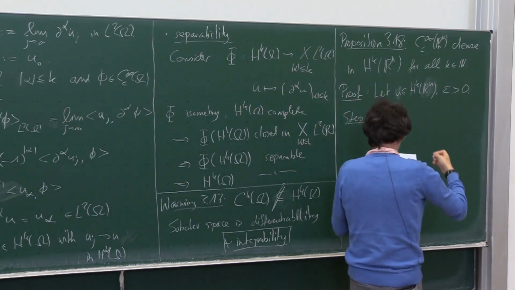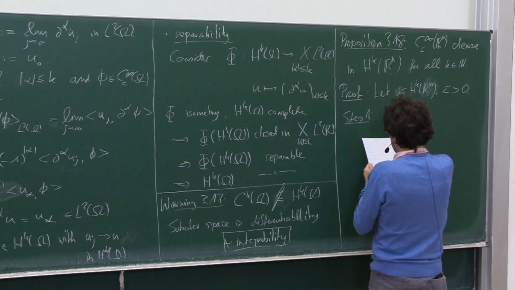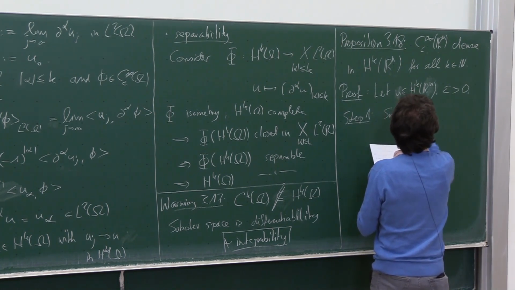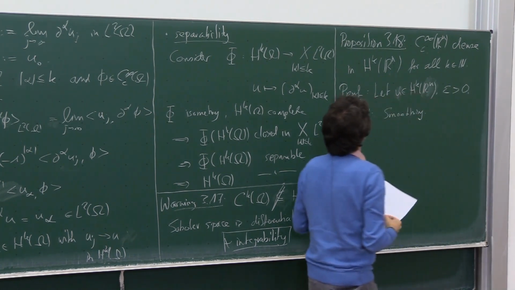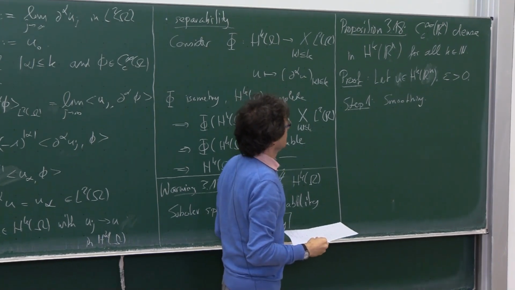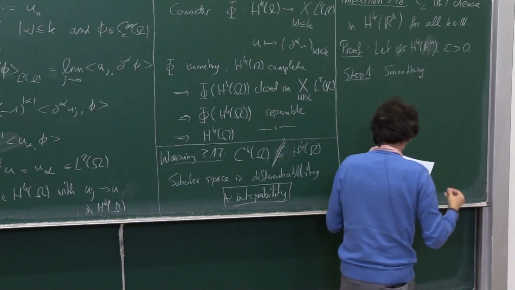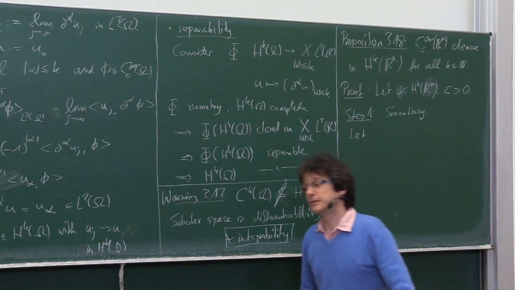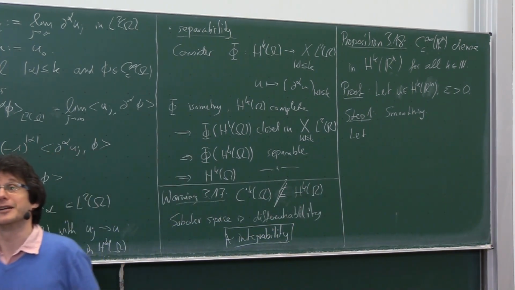So we will first look at the differentiability. We will do some smoothing. That's the first step. Smooth this function out to make it C infinity. And what is the usual way to smooth functions out? You do a convolution with a nice modifier.